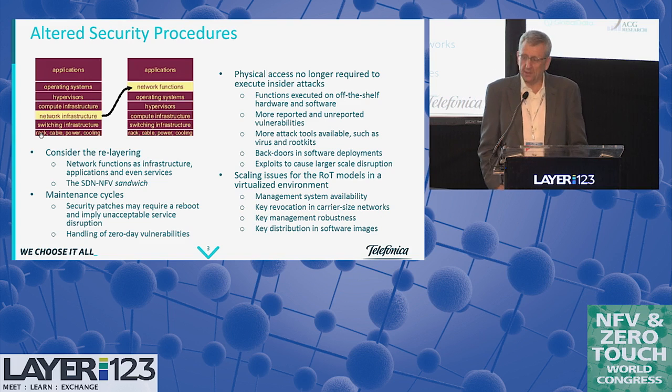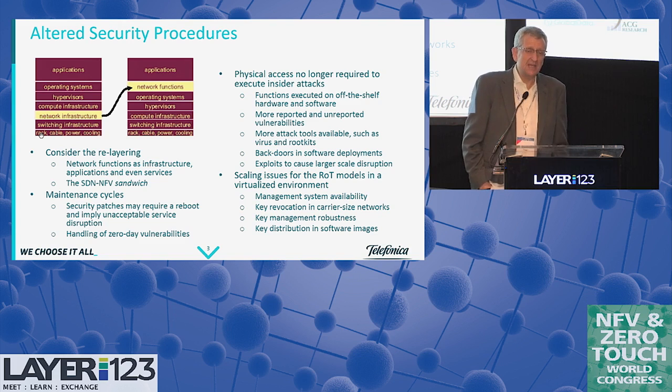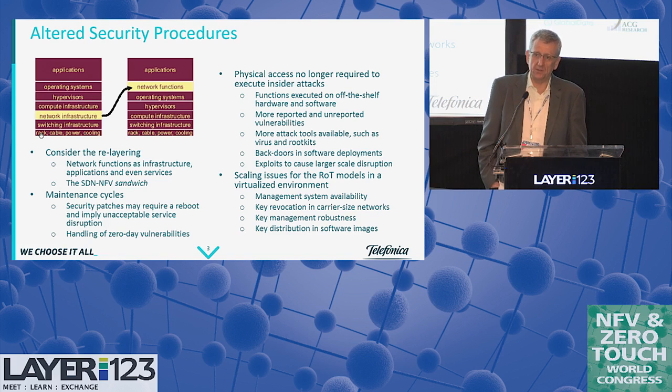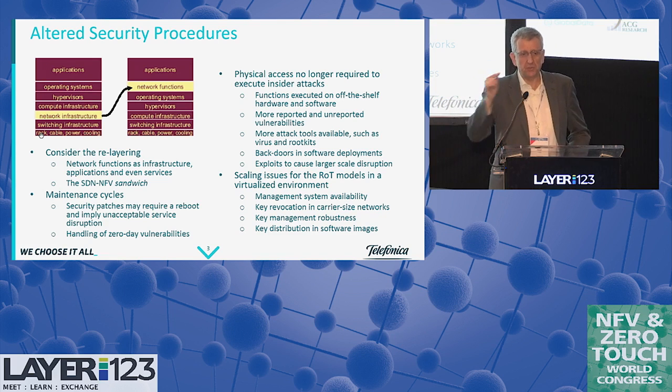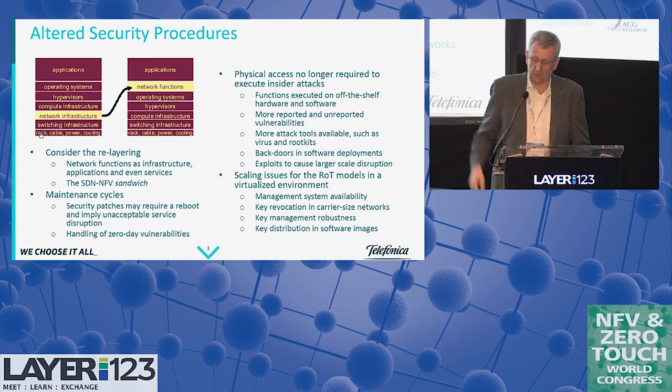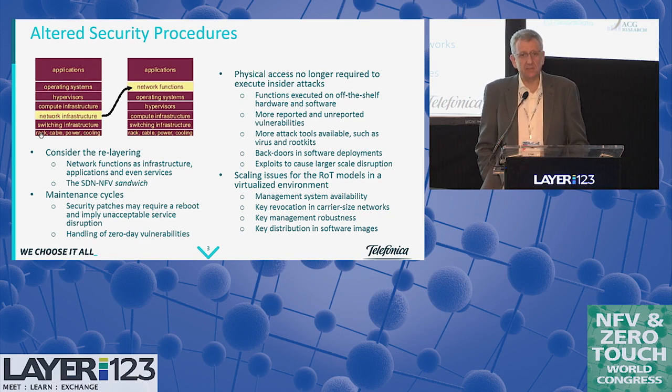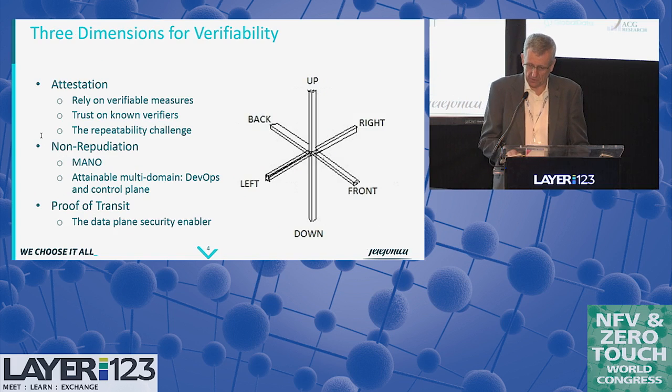How do you deal with key revocation when you have several thousands of cloud sites you are not controlling? How do you rely on your key management procedures being robust enough to follow functions that are being migrated from one location to another? And how do you deal with something that is a general problem, but aggravated by the size and diversity of the network services: key distribution when you're dealing with software images?